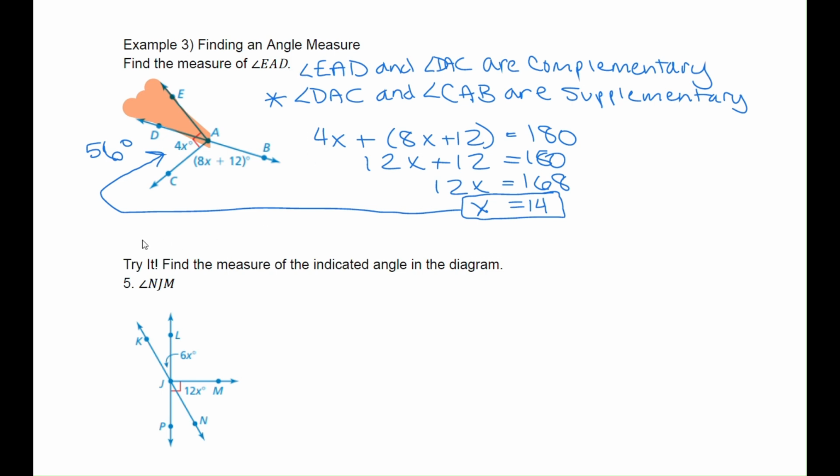Angle EAD and angle DAC, so 56 degrees, together they're going to be complementary. So they're going to add to be 90 degrees. So that tells me that angle EAD has to be 34 degrees.